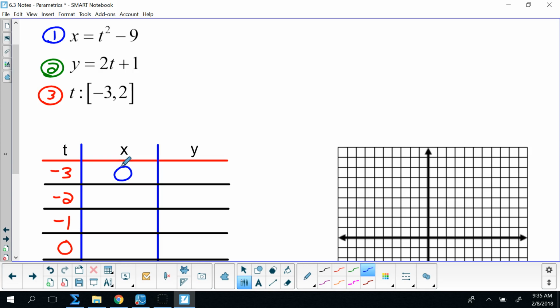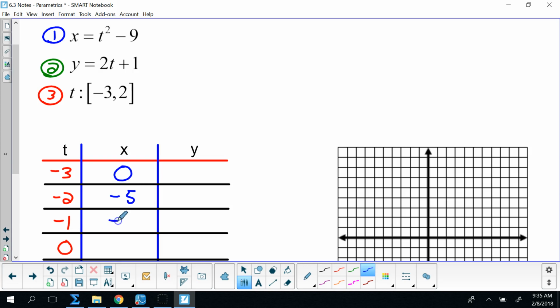Then I'm going to put negative 2 in my x function. What do I get there? Negative 5. Negative 2 squared is 4, minus 9 is negative 5. Then I'm going to put negative 1 in. Negative 8.